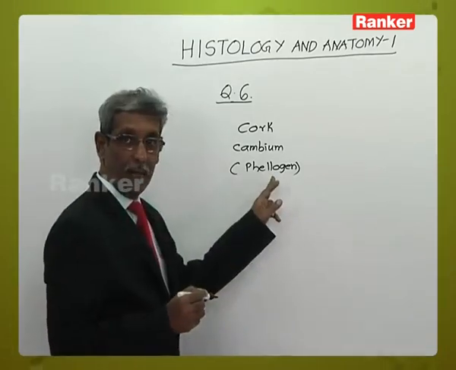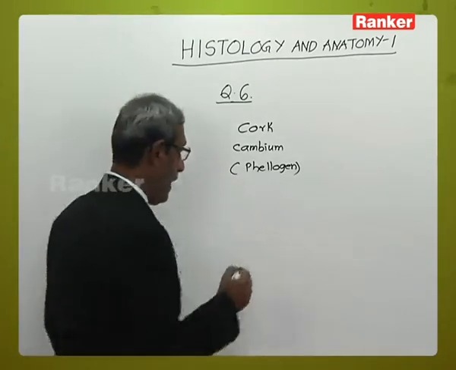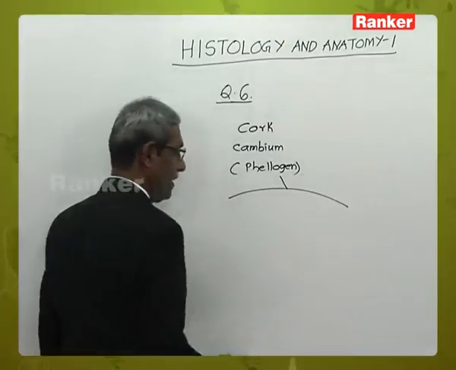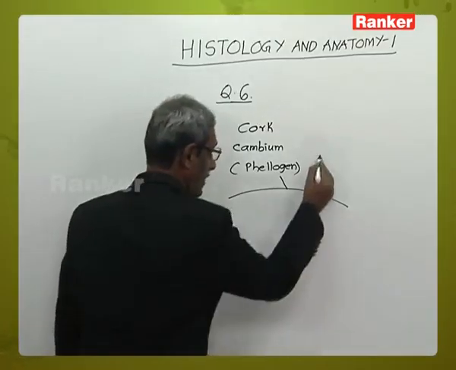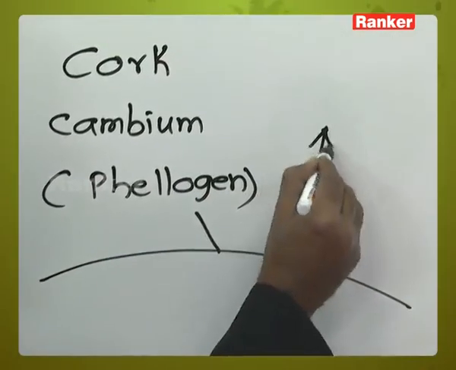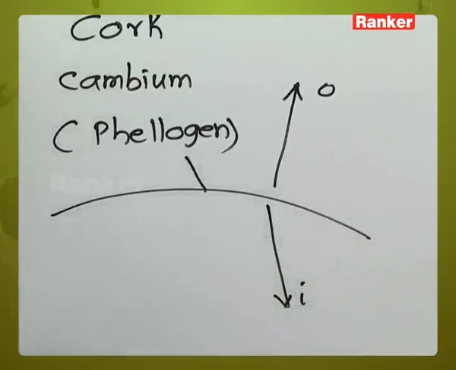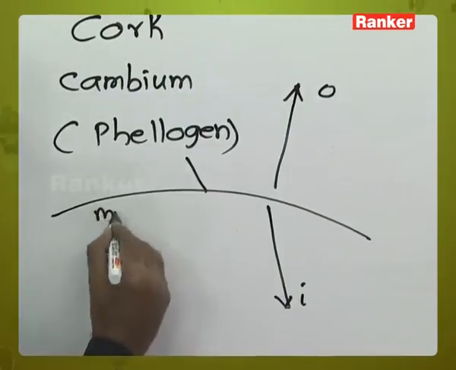It is a dividing mass of cells, and the phellogen, which is the dividing mass of cells, can give rise to tissues on the outside as well as it can form tissues on the inside. So we have a meristematic layer.